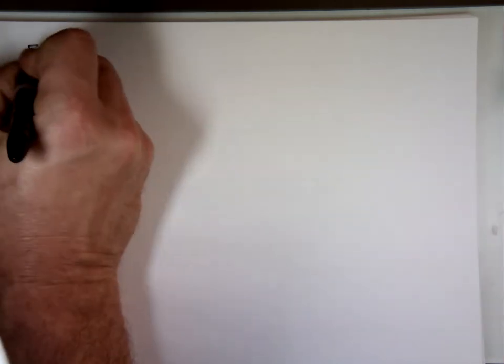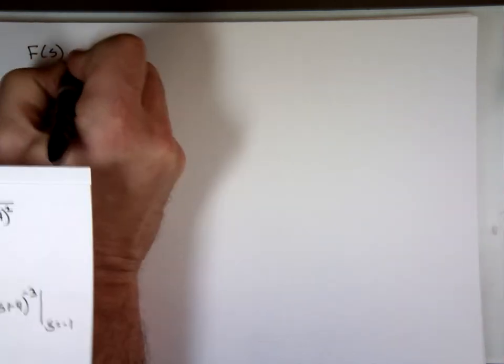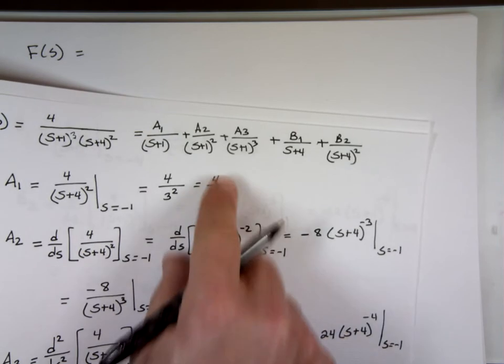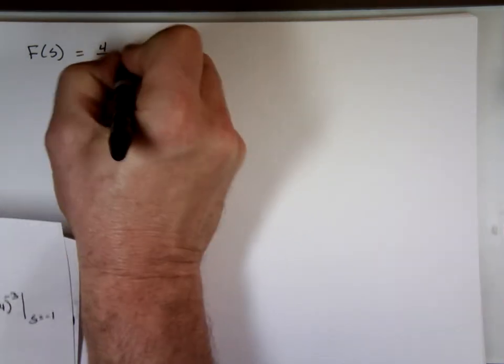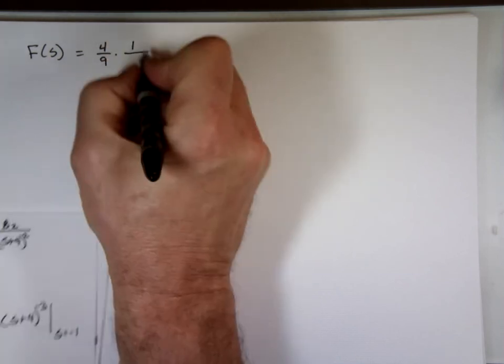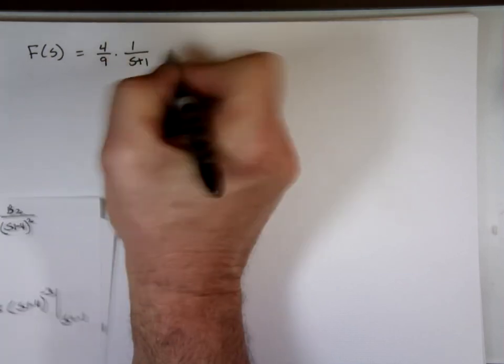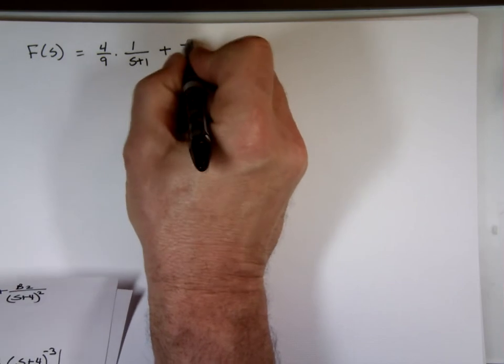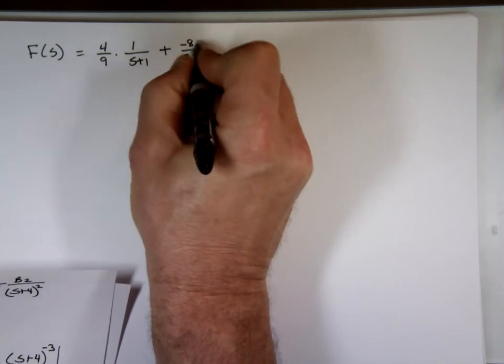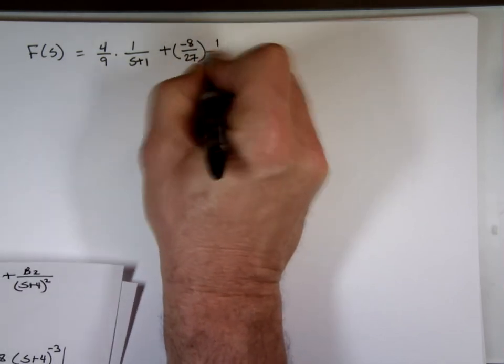So f of s, and I'll take these. A1 is what? 4 over 9. I'm going to put it in the front because it's ugly there. 4 over 9 times 1 over s plus 1. Plus A2. What's A2? A2 is negative 8 over 27 times 1 over (s plus 1) squared.